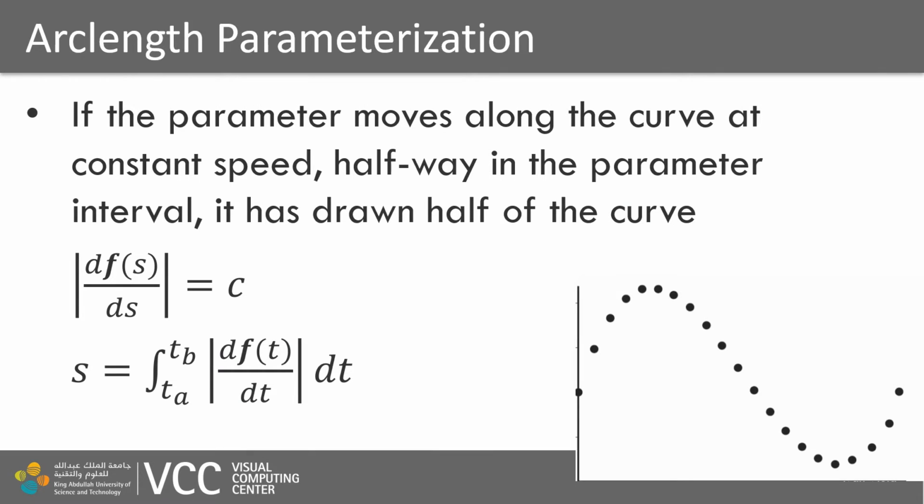So arc length parameterization means that we will create a mapping of the parameter such that equal steps in the parameter will result in equal distances on our curve.